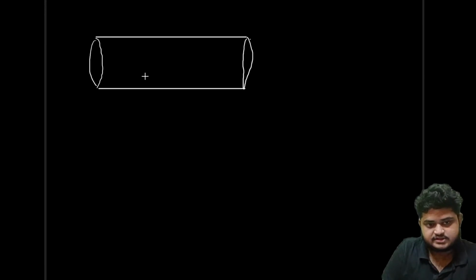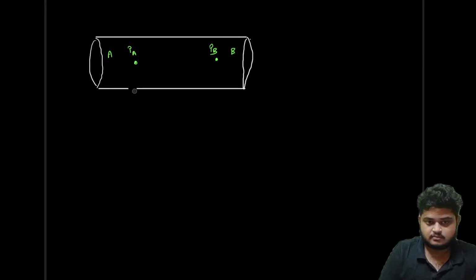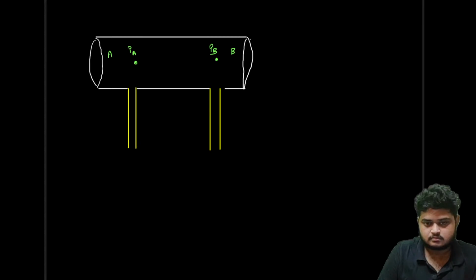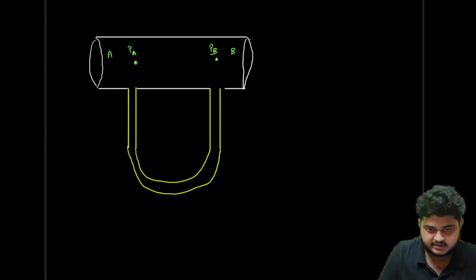Let us assume 2 points A and B, and the pressure here is PA and the pressure there is PB. Now a differential manometer is connected.